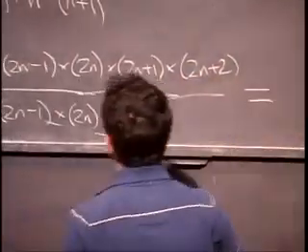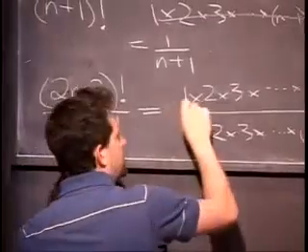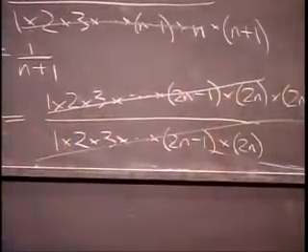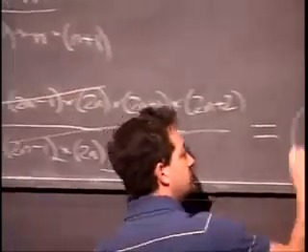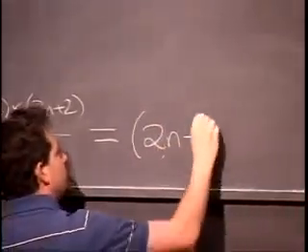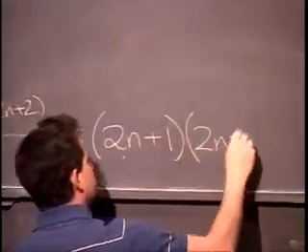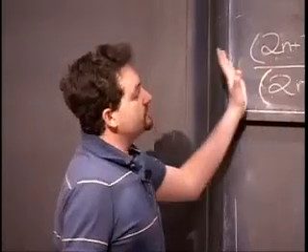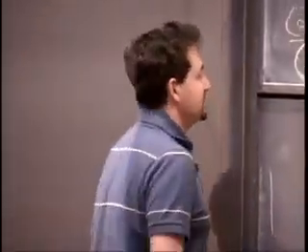So if you do a big amount of cancellation, you are left with the product (2n plus 1)(2n plus 2). Again, this is not supposed to be an exhaustive list. These are two ratios that happen to come up in the next problem that I do. The point is not to learn these formulas at all. Instead, understand how to derive them by writing out the factorial and doing the appropriate cancellation.